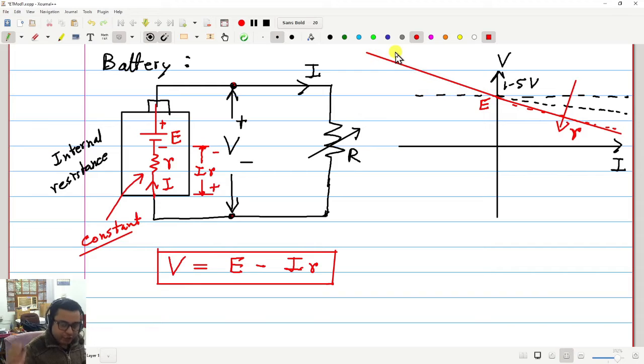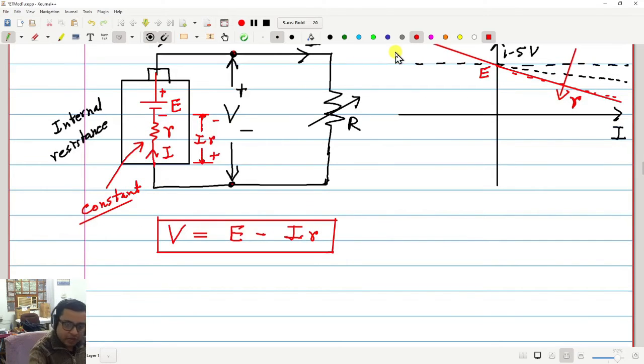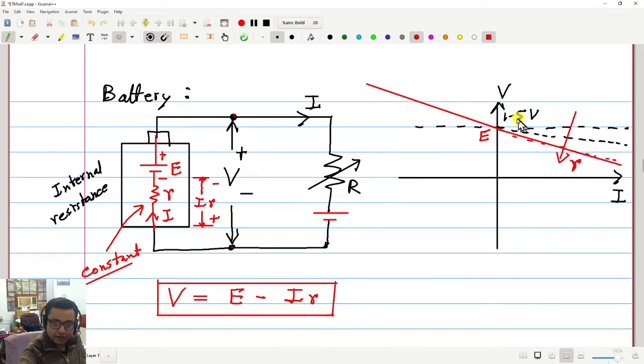How? If we put another voltage source, which may be stronger than this, then current will actually flow in the opposite direction, and we will get a graph which is extended towards the negative current value.